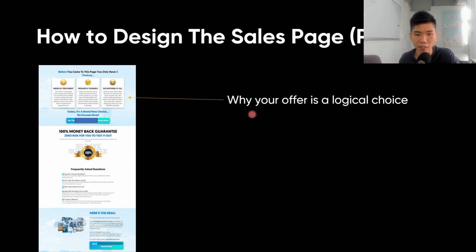And then part 5, this one would be why your offer is a logical choice. Because let's face it, in any type of market, there is so much competition, everybody is going into the online industry. So you need to stand out. You need to differentiate from other options in the market. Why your offer is a logical choice.